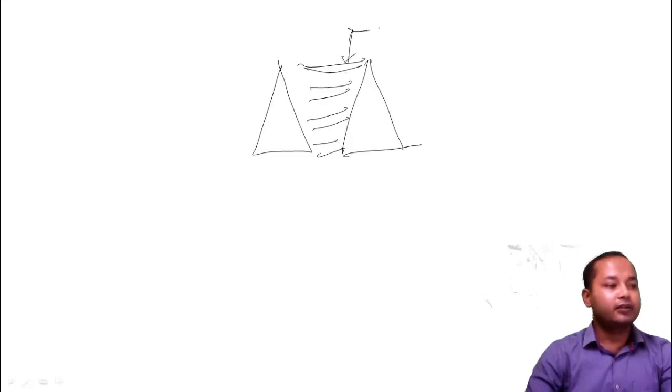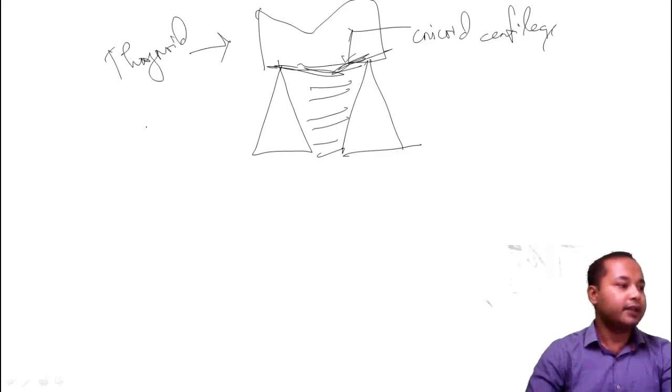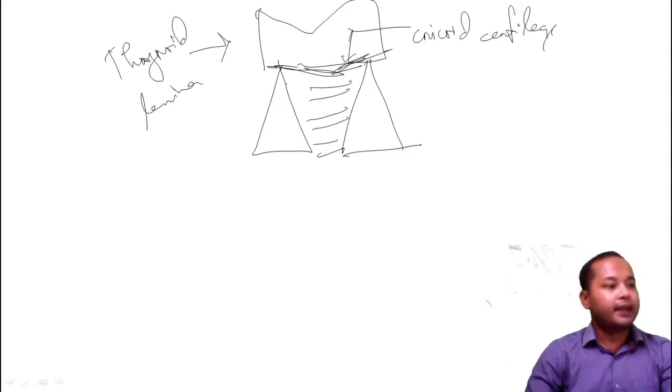Let me write down the labels: this is the cricoid cartilage, and somewhat in the upper part you will find the thyroid lamina. This particular gland is the thyroid gland, and both lobes of the thyroid gland are present here.